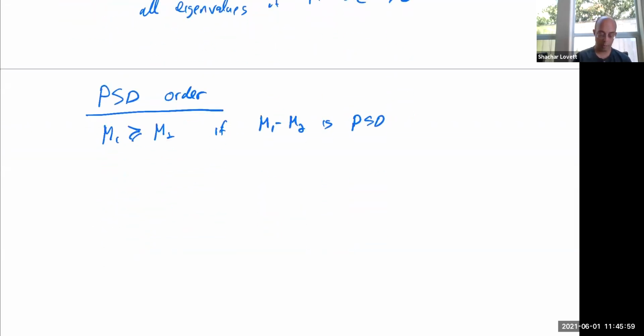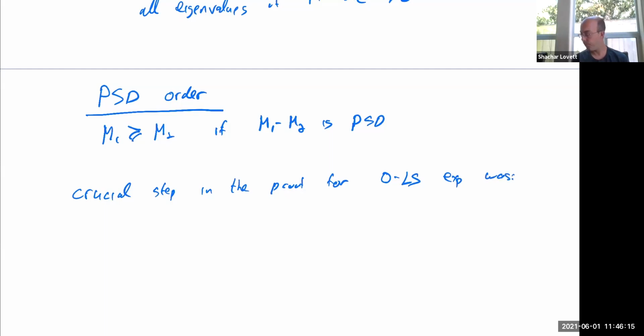And what we saw last time, the crucial step in the proof for zero local spectral expanders, was the following.